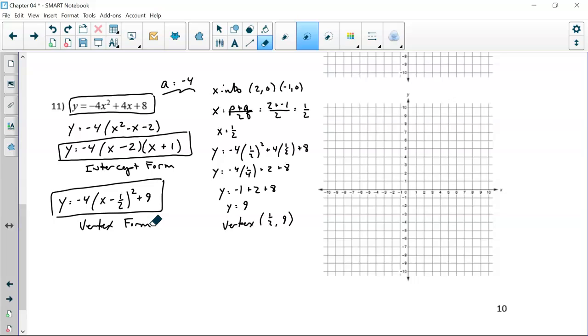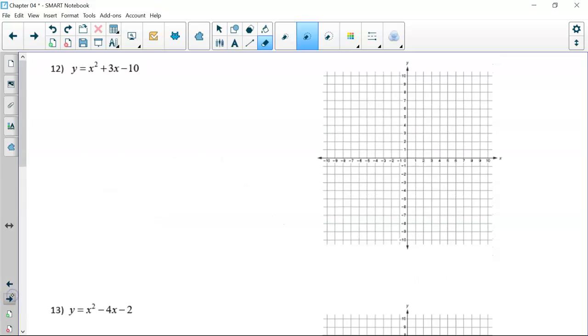Next, number 12. We're going to start. We have it in standard form. We can see a, our leading coefficient, is 1, so we can factor it: x and x. Now to multiply to negative 10 and add to a positive 3, we need a positive 5 and a negative 2.